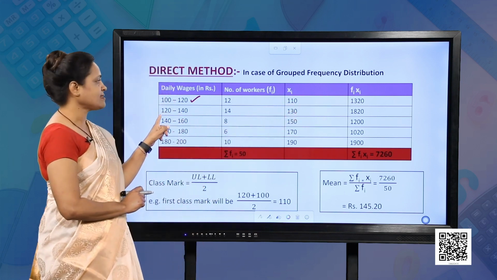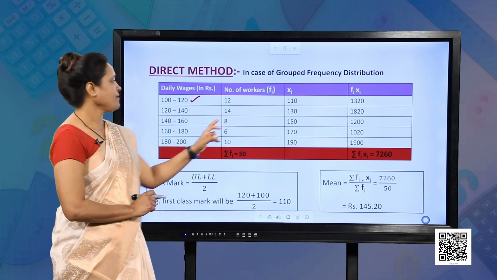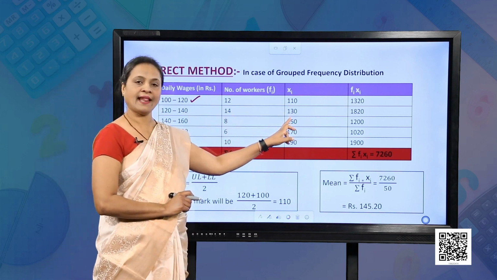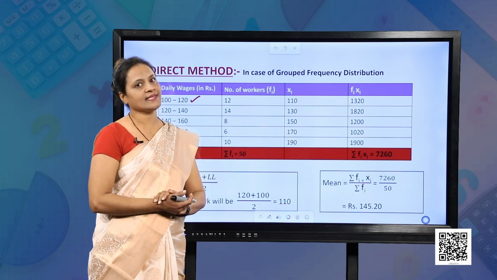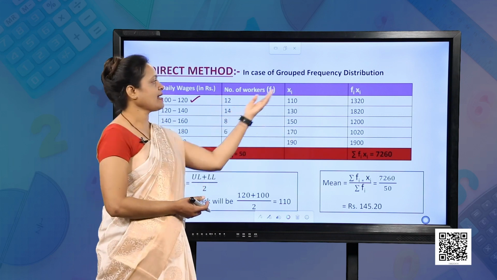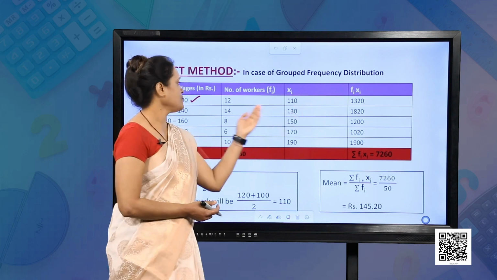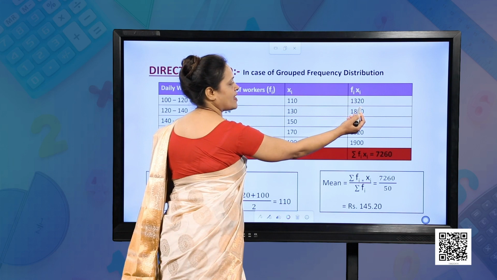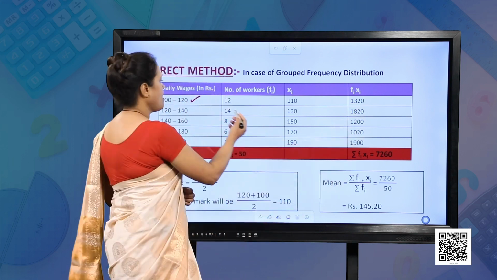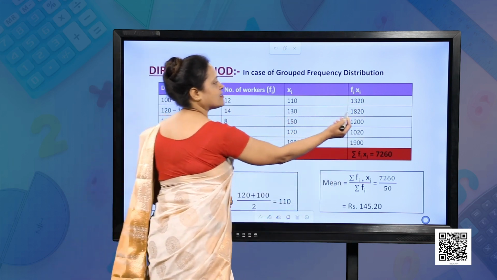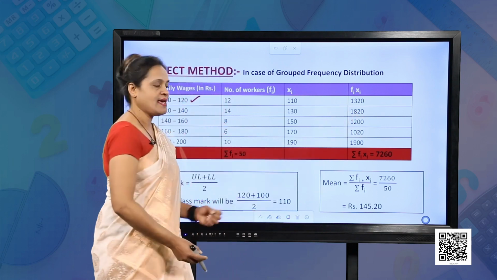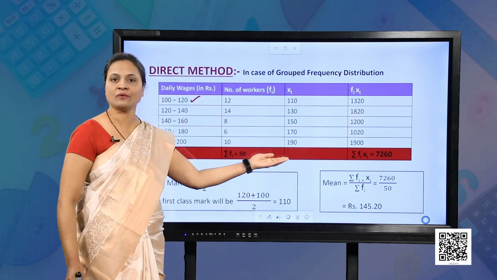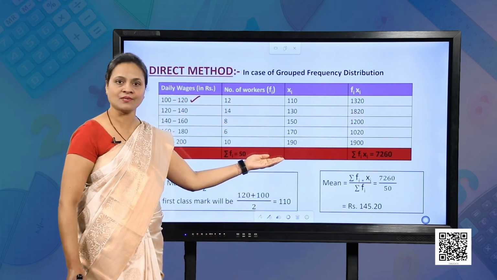For the second class interval, similarly we can calculate and we get the value x2 as 130. What is the next step? To find out the product Fi into Xi. So, the product is going to be 12 into 110 as 1320, 14 into 130 as 1820, and so on. We can calculate for other class intervals also.